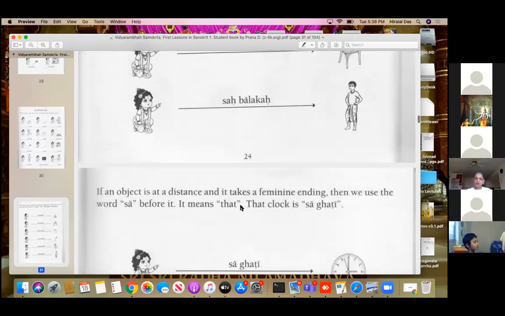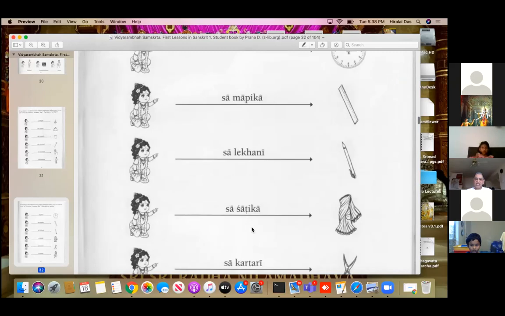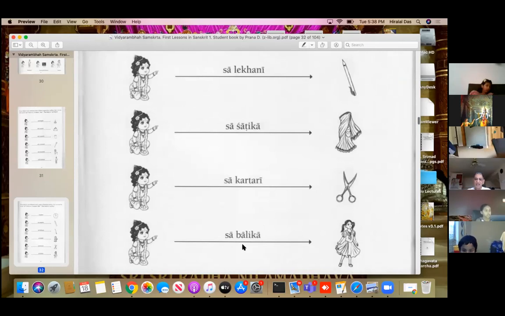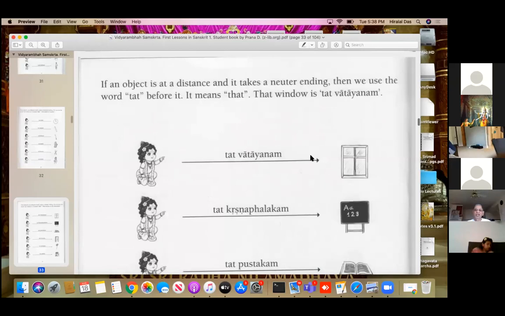Now we go to feminine. And instead of saha, use sa. Sa gati asti. Sa mapika. Sa satika. Similarly, we're going to use neuter names here.